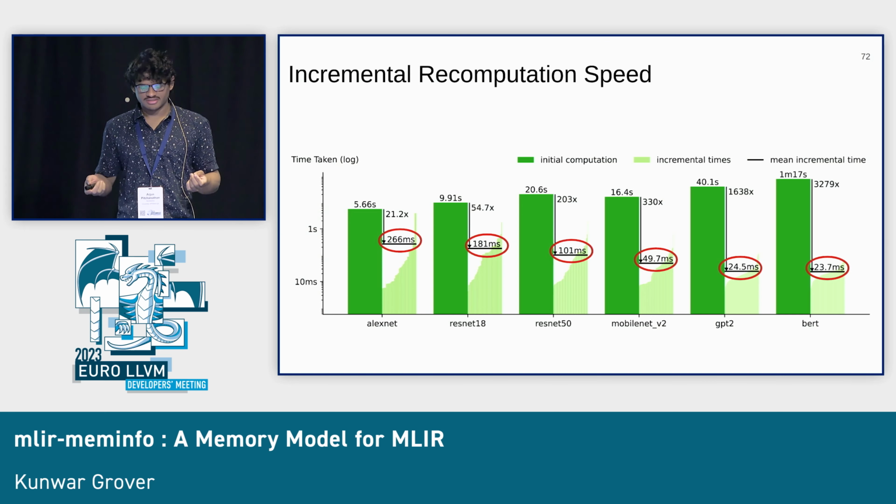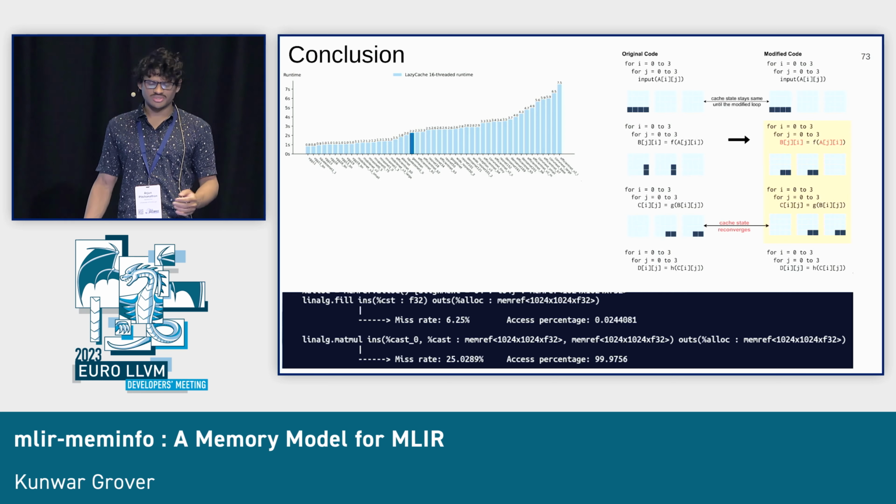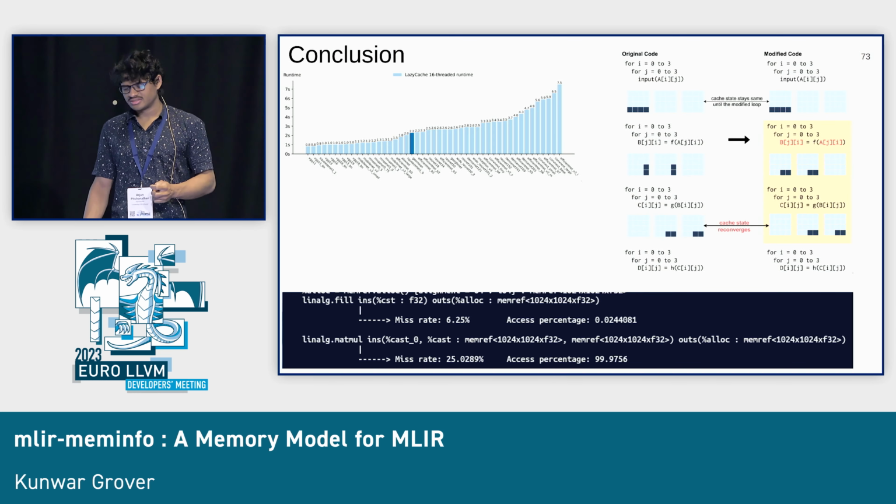So that's the end of the talk, really. We presented a memory model for Linalg that tells you the access percentage, which is to say how much of the access in your program is in a particular operation, and tells you the miss rate predictions, which runs in 2 or 3 seconds 16 threaded, and maybe 25 to 30 seconds single threaded.